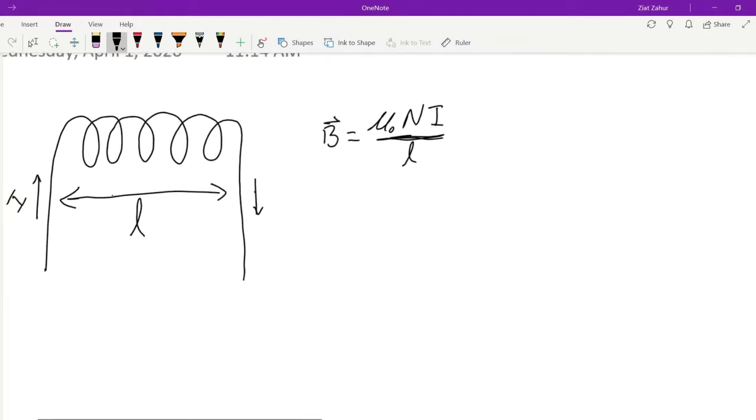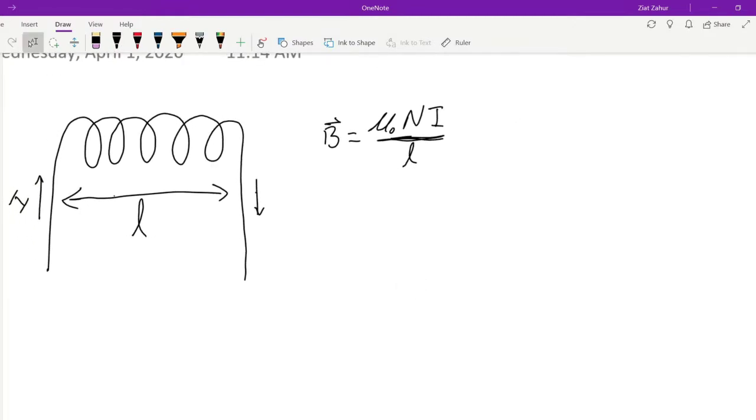Now, based on measurements that you can make after putting this inside a circuit, you'll see that the total flux is proportional to the current that you use in your circuit, I, times some number.